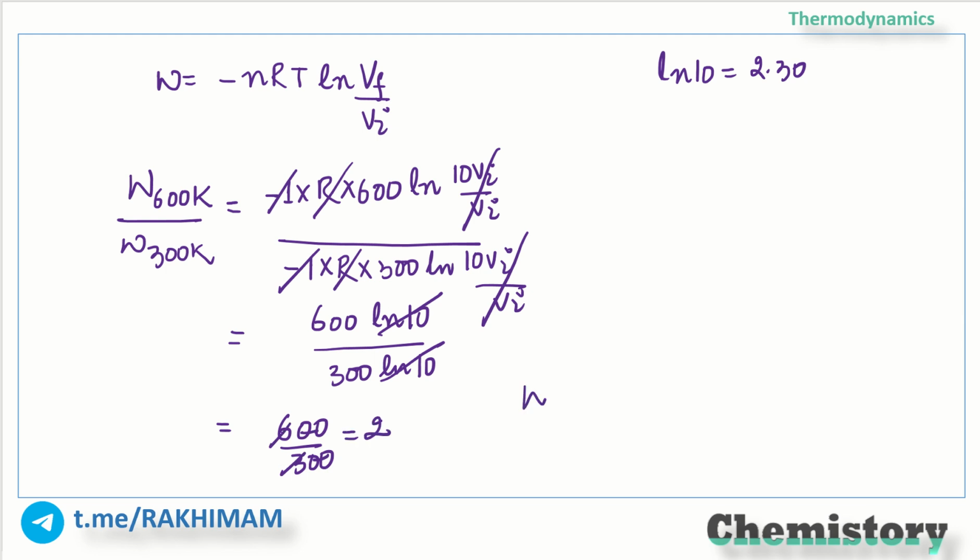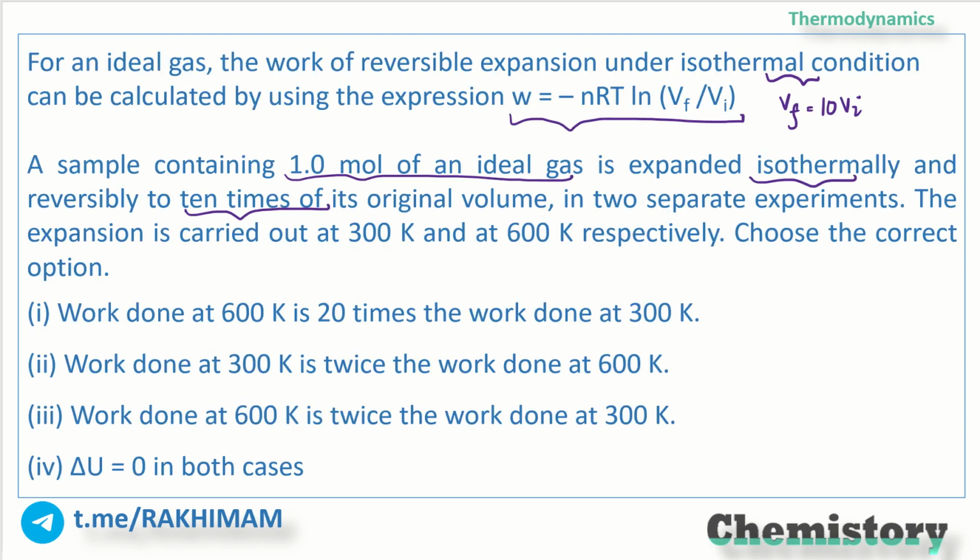So we can say work done at 600 Kelvin is twice the work done at 300 Kelvin, which is the right answer. Delta U equals 0 in both the cases. Yes, because it is an isothermal process, delta T equals 0.